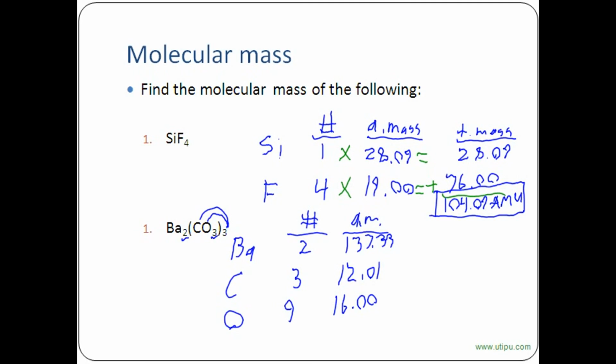Once again, all we have to do is multiply the number of each atom times the atomic mass, and that'll give us the total mass of each one. So, once again, it's calculator time. We take our barium: 2 times 137.33 gives us 274.66.